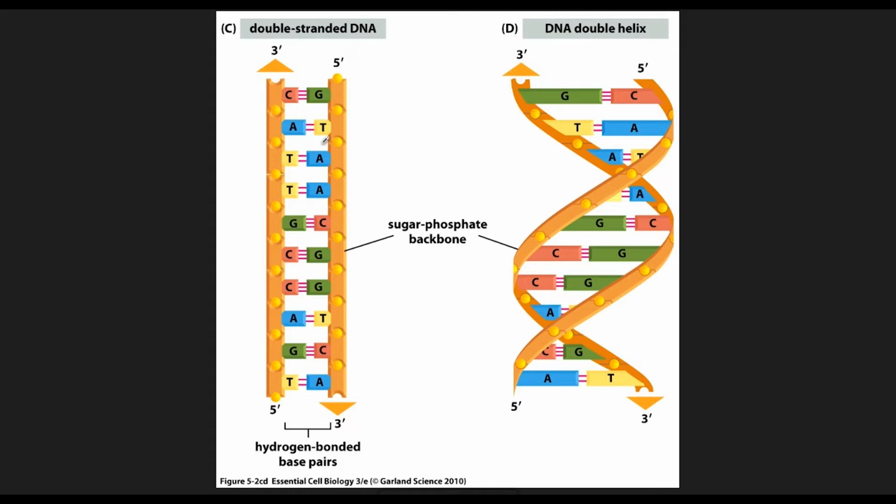Then what happens? One of the 2 strands will act as a template to form a complementary strand, which is a messenger RNA. How does it do that? It will be using the free messenger RNA nucleotides that are found in the nucleus.